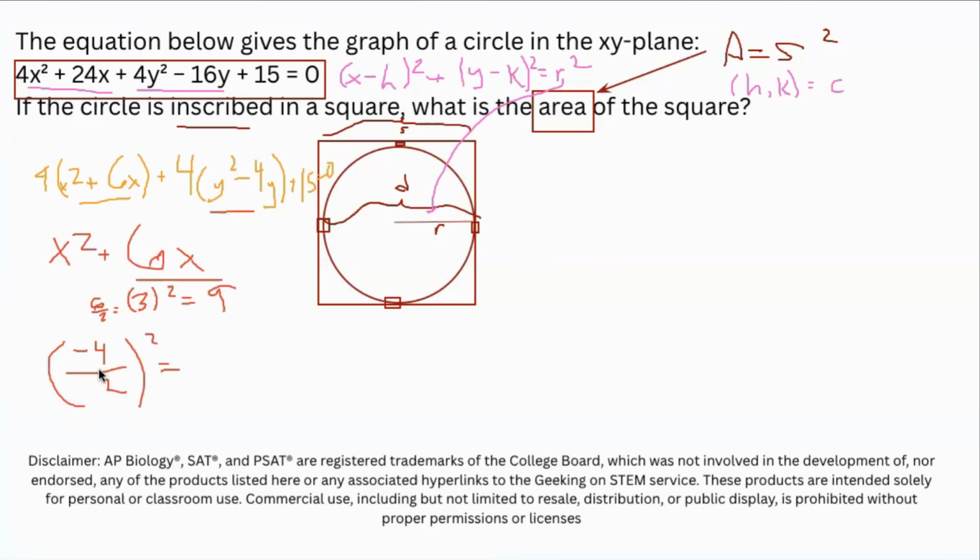When I do that, I get -4 over 2, which is -2. Square it, and that gives you 4. So in other words, I'm getting (-2) squared, and that gives you 4.